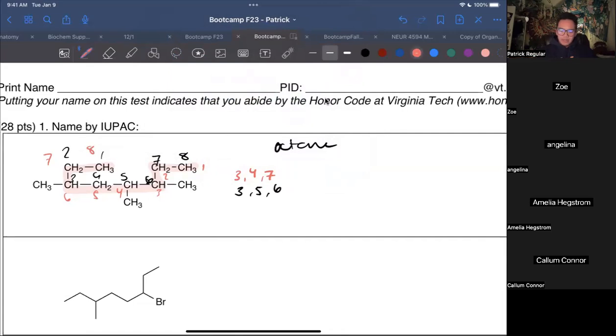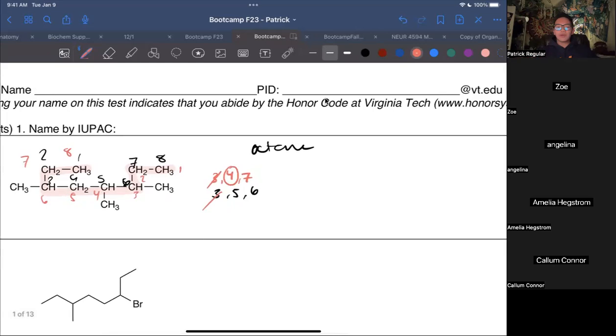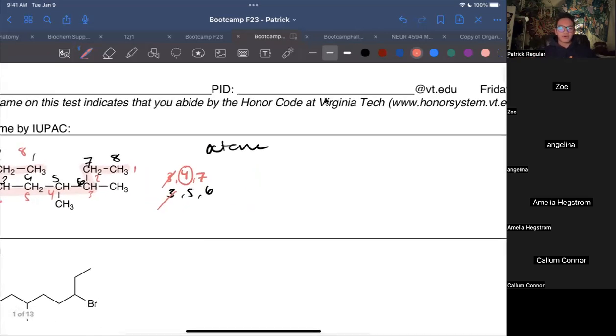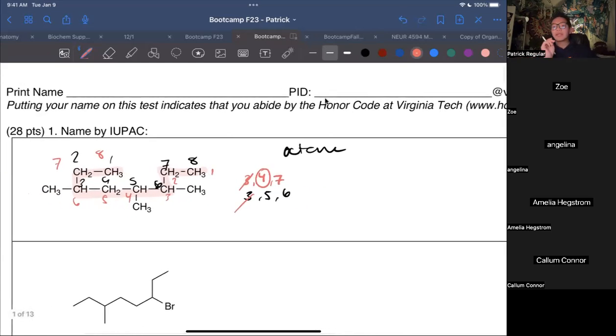Now, 3, 5, and 6 looks like it's a lot lower, or if you added them up, they would be the same. But we have to look at the first point of difference. 3 and 3, same. But for the top one, we get the lowest number first in that top numbering scheme. So 3, 4, and 7 is our preferred numbering, specifically because of that one point. Any number after that is totally irrelevant.